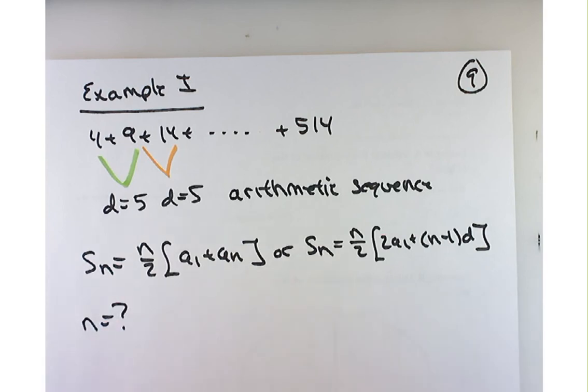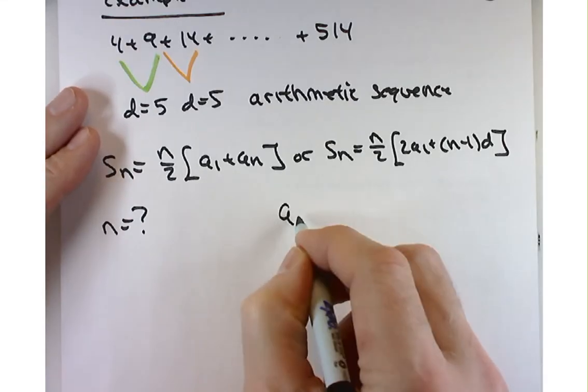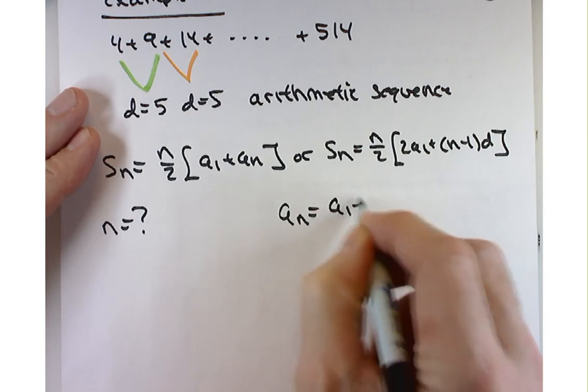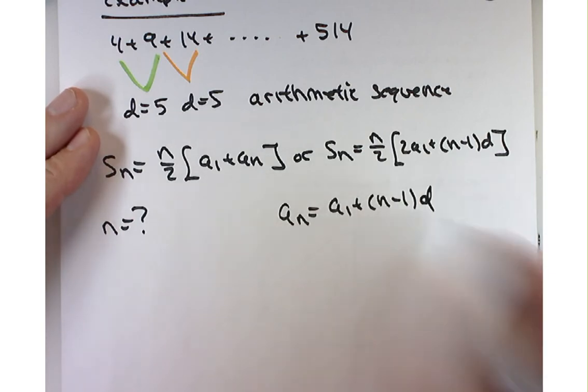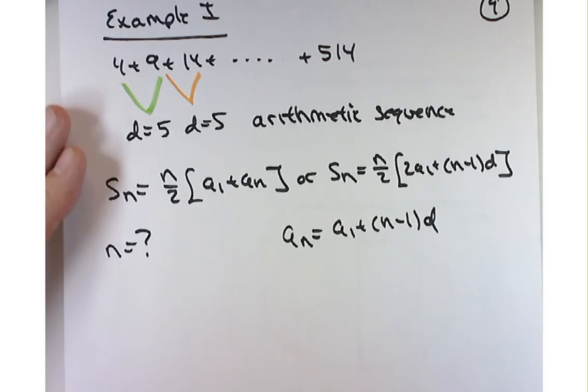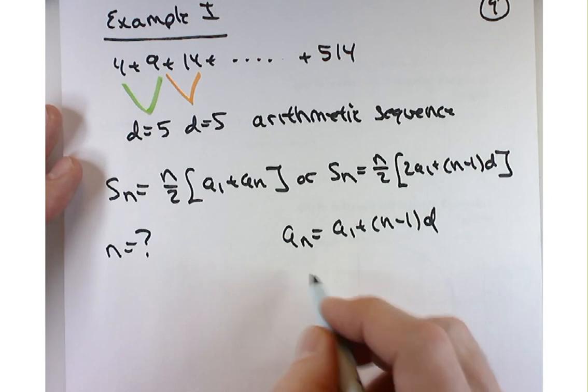So, how are we going to figure out what n is? Go back to the original arithmetic equation. You mean a sub n equals a sub 1 plus n minus 1 times d? What can I fill in there? Noah? Help me out.